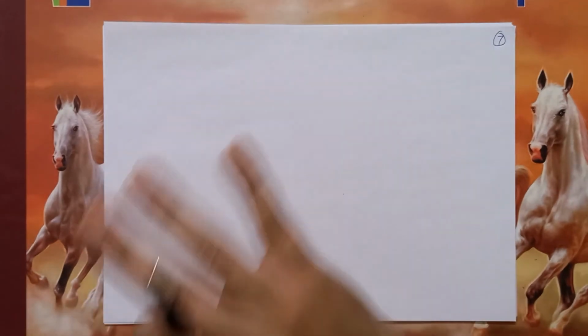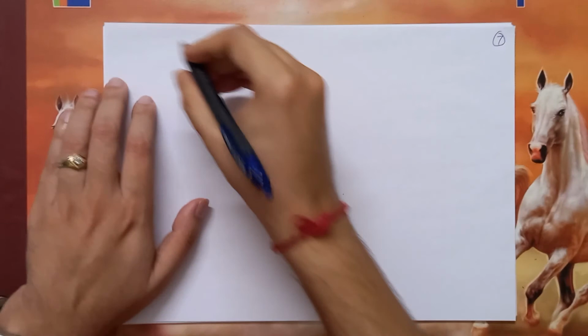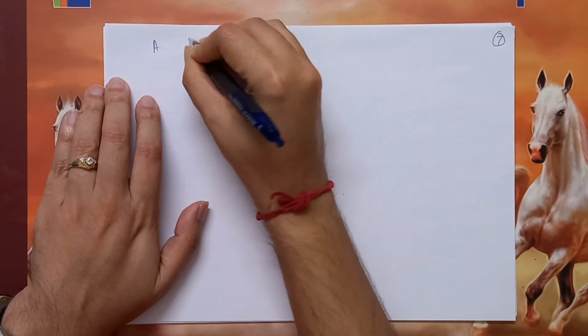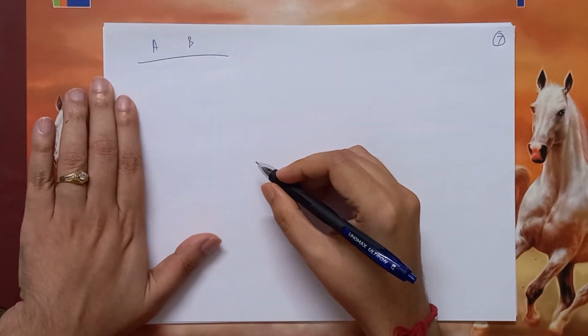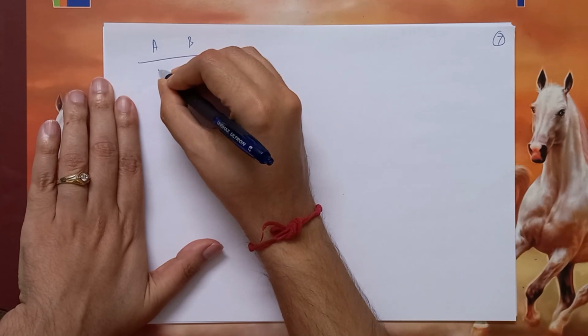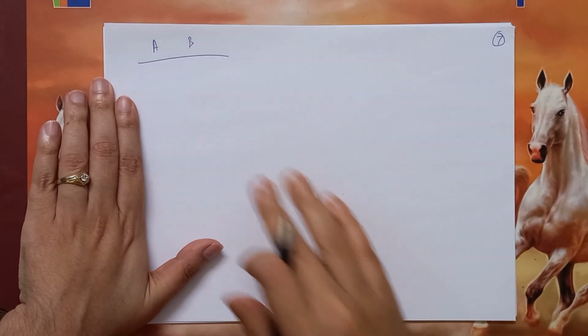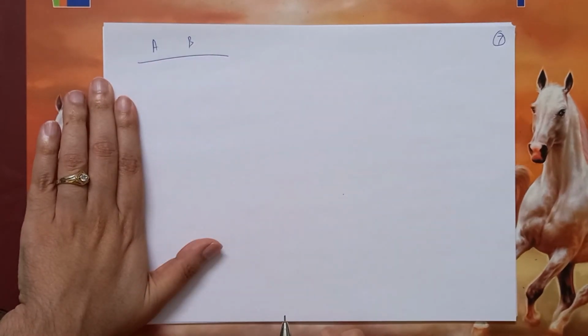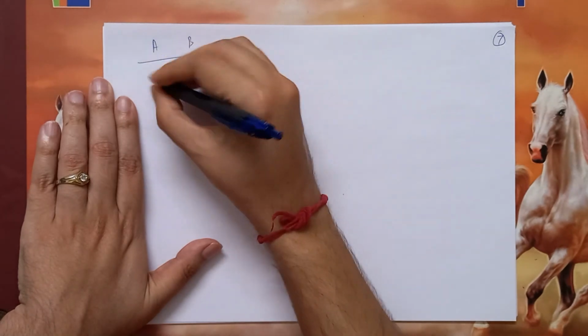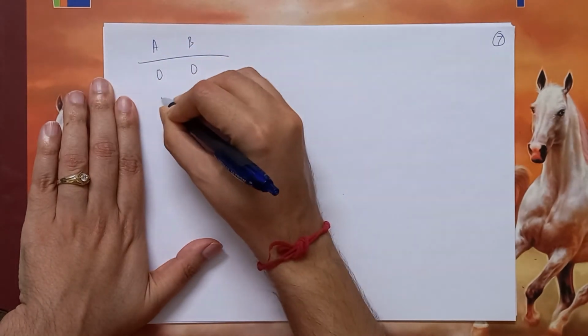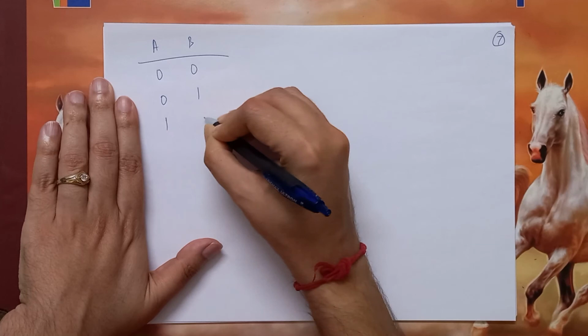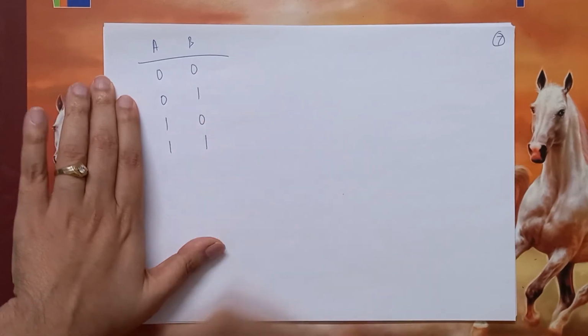But whenever we have these truth tables, let us say we have two inputs A and B, you must have noticed that while I am depicting the truth tables, I write the values or the inputs in a particular manner. I write for 0, 0, I write 0, 1, 1, 0, and 1, 1.